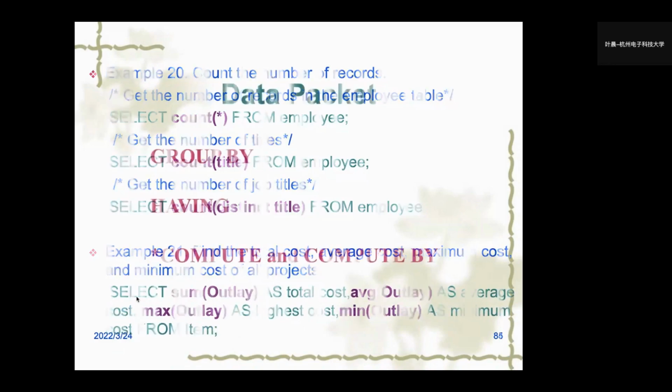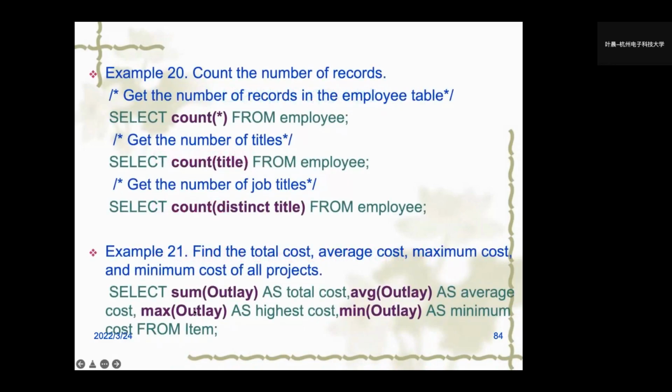That means SELECT SUM(outlay) as the total cost, AVG(outlay) as average cost, MAX(outlay) as the highest cost, and MIN(outlay) as the minimum cost FROM item.